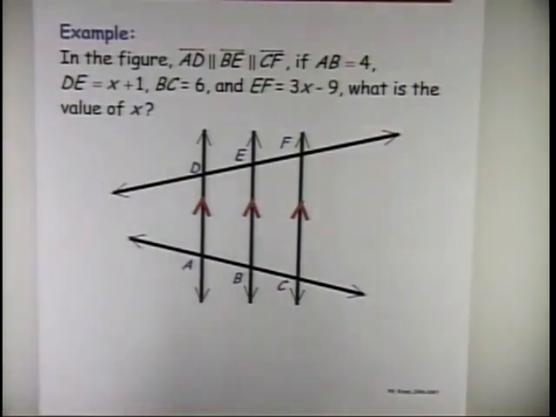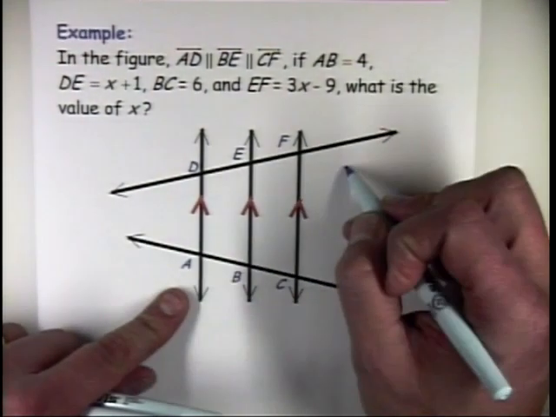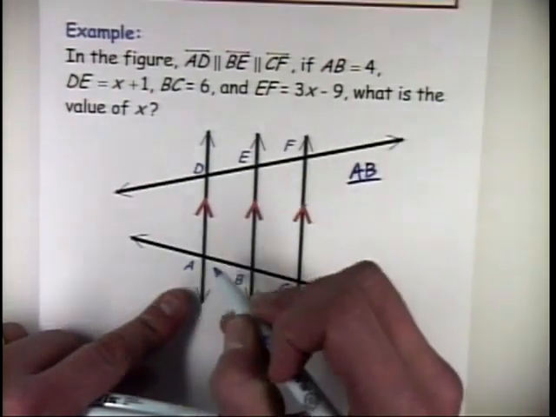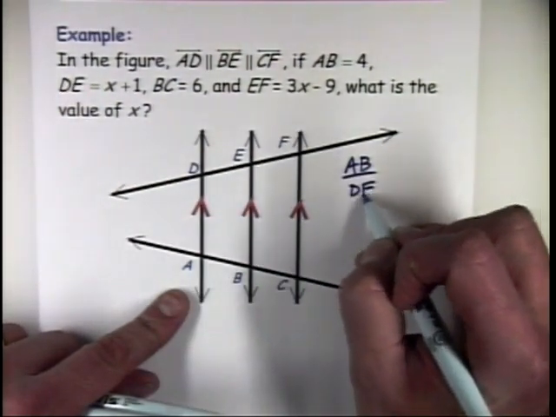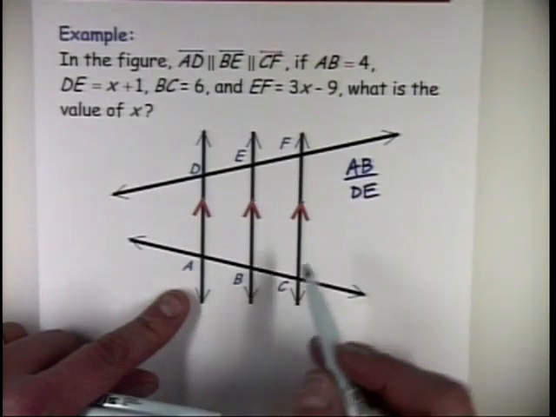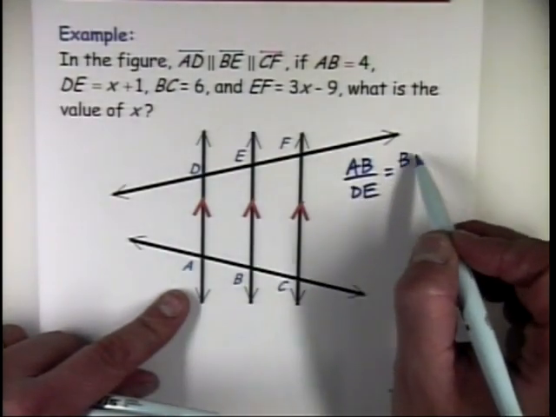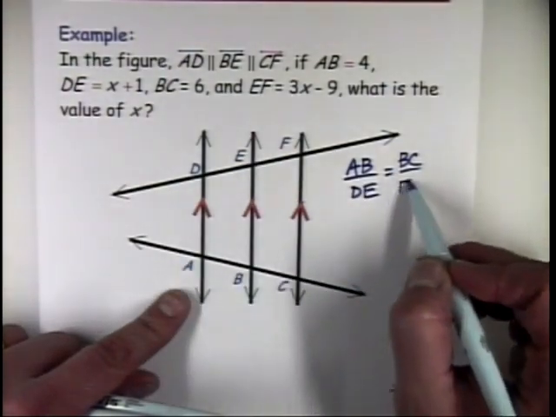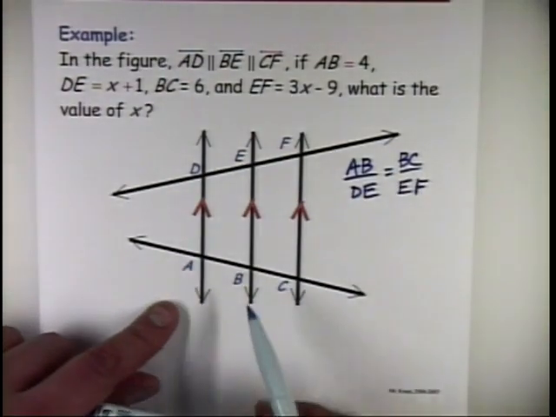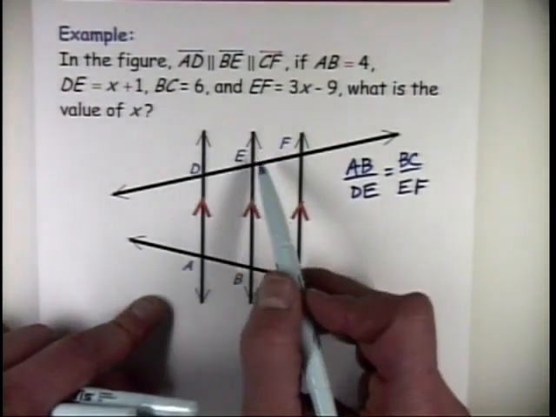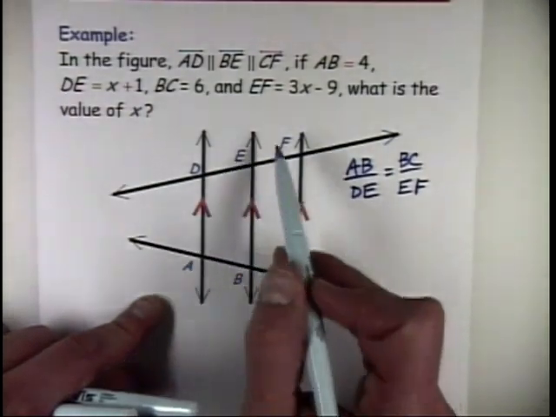So what that's going to mean in the context of this problem is segment AB is going to be proportional to segment DE, this one up here, and that's going to be the same proportion as BC is to segment EF. So notice I set it up. I said AB is to DE, so this one is to that, as this one is to that.